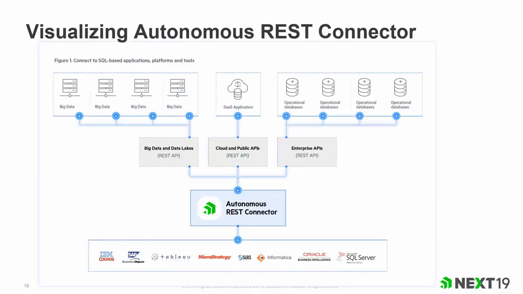Just to visualize this conceptually from an architectural perspective, this is what the Autonomous REST Connector does. It taps into all these data sources, whether big data, SaaS applications, or operational databases that expose REST APIs, whether those are big data, cloud APIs, enterprise APIs, or internal APIs.